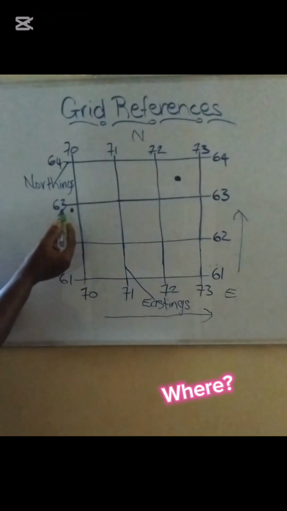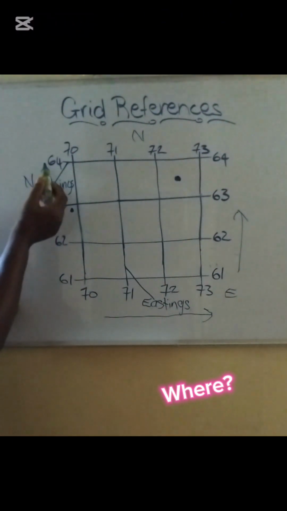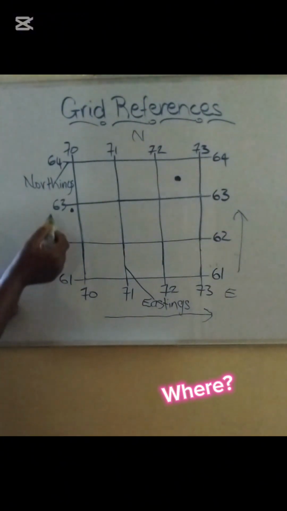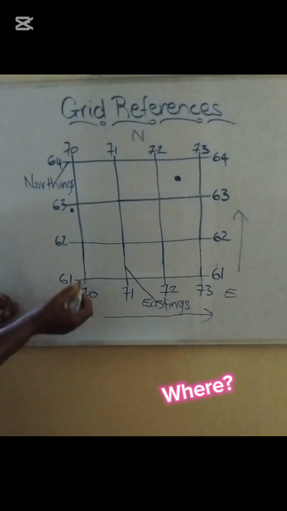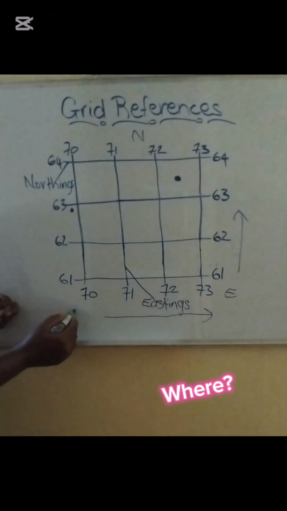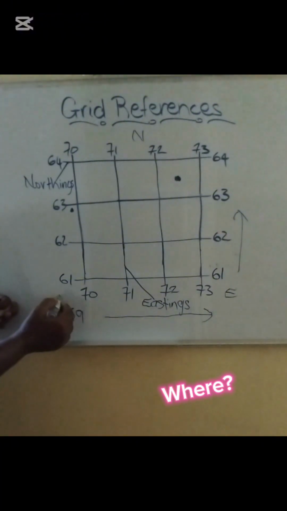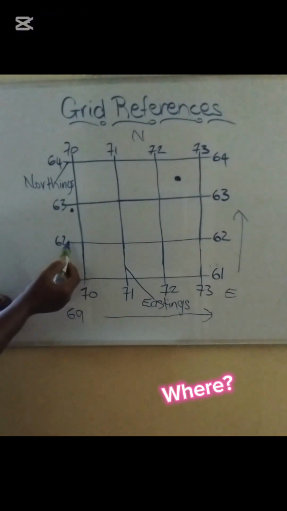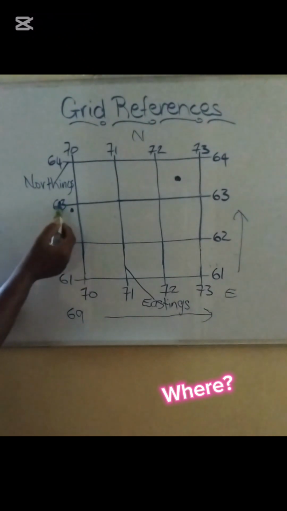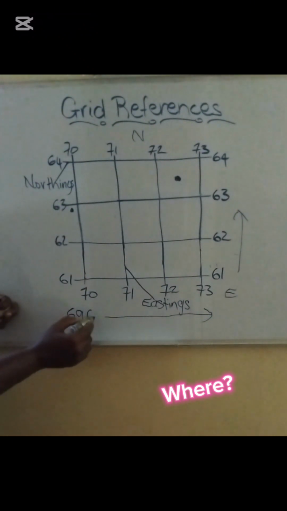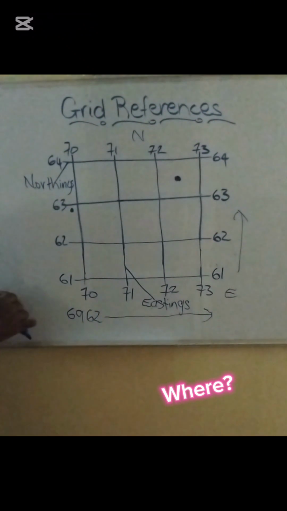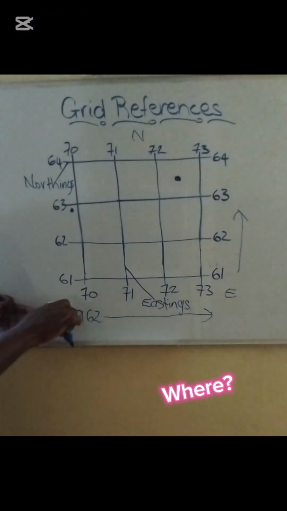Now, in giving the 4-figure grid reference, we notice that there is no vertical line, there is no easting right here, but we can determine what it is because this is 70. So we know that for the first two numbers, it would be 69 because 69 comes before 70. Okay? Going up now, looking at the northing, we know it would be 62. So that would be the 4-figure grid reference for the school.